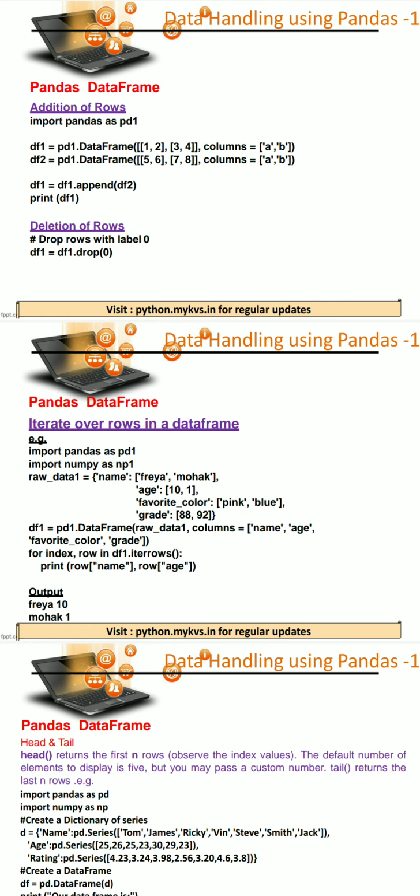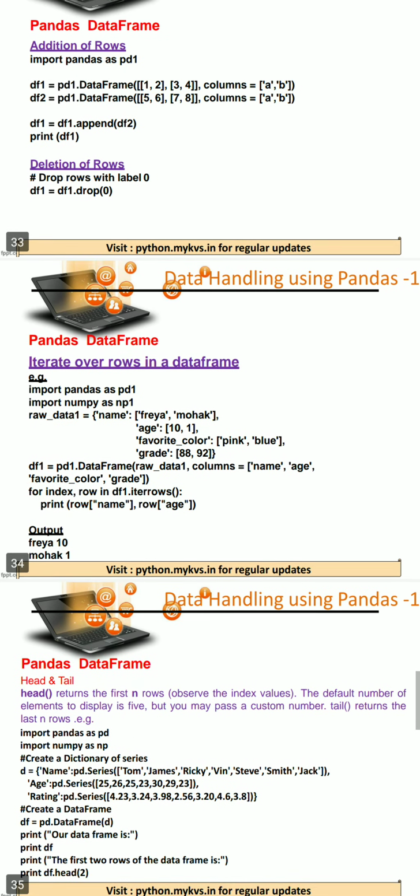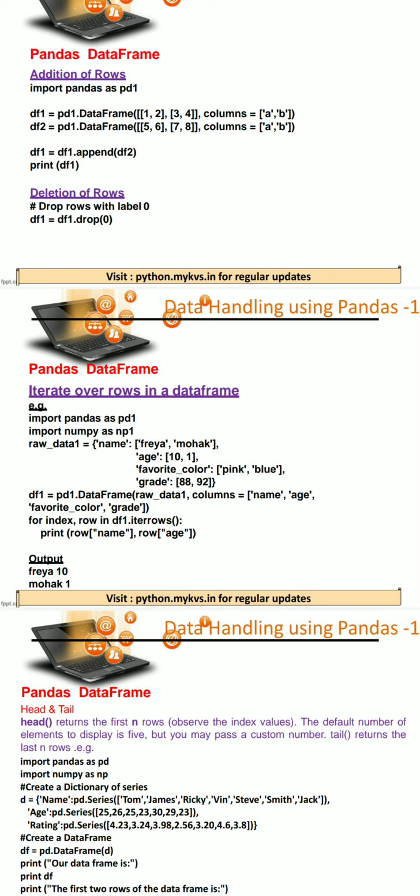Now students, we want to iterate over rows in a data frame. Till now we have tried to access the whole data frame data together for display purposes. Now if we want to access the data of rows one by one, it is also possible.